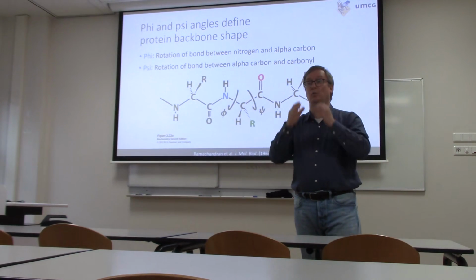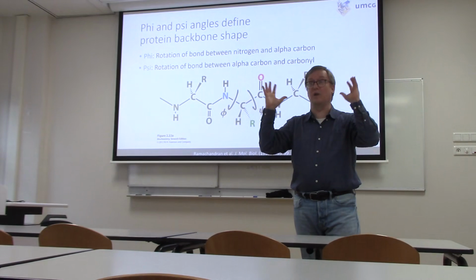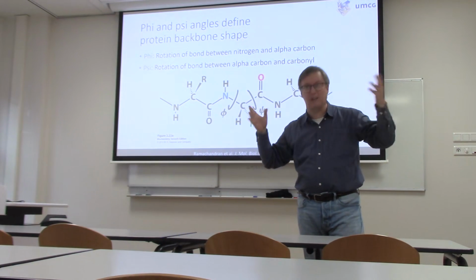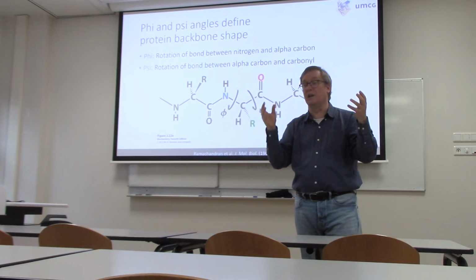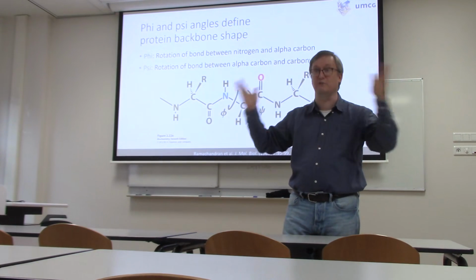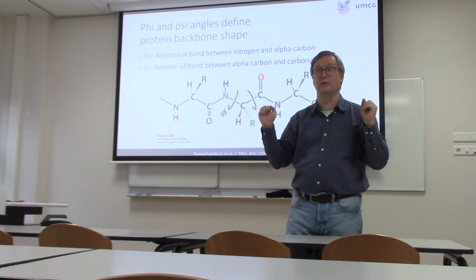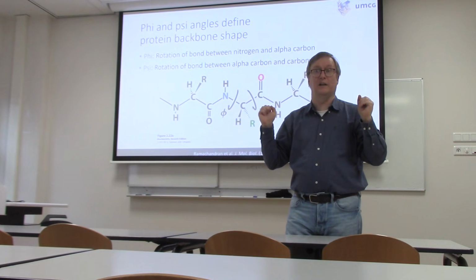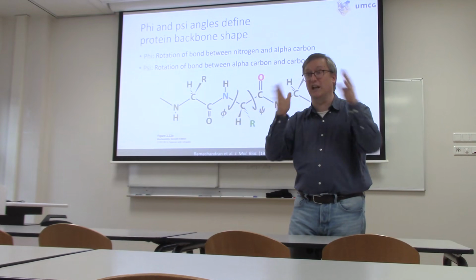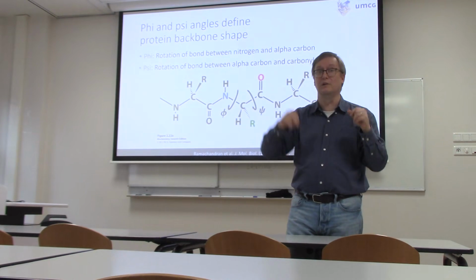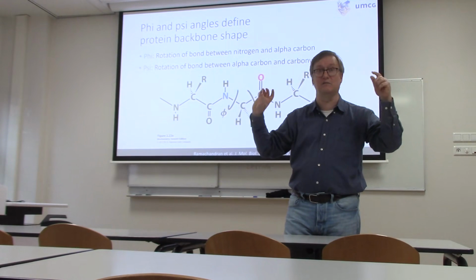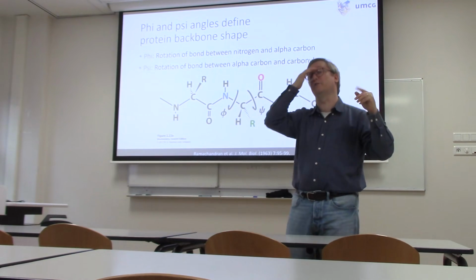So if I have 100 amino acids in a polypeptide, how many degrees of freedom, how many angles can be turned within that 100 amino acid stretch? Each amino acid has how many spinning angles? 2. So 100 amino acids in a chain have how many turning bonds? 200.